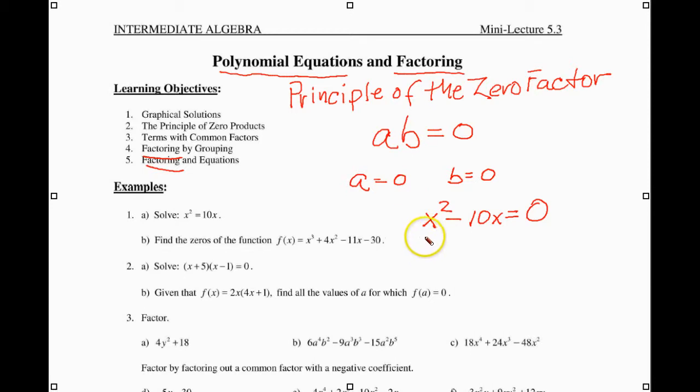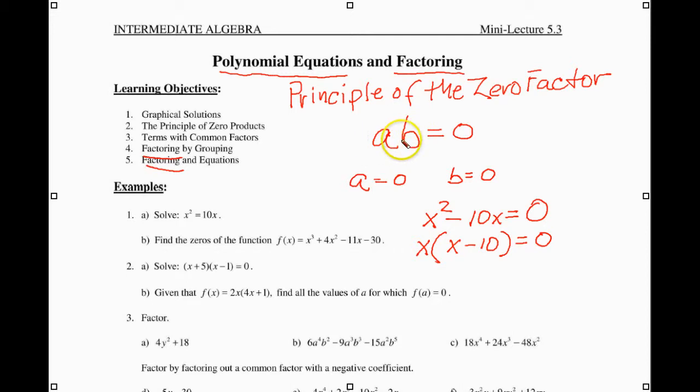Now, you might say, what do I do here? Well, I have to factor this. Is there a common factor in each one of these terms? The answer is yes, there's an x there. I can factor out an x. I'm doing the reverse of the distributive principle, and I get x minus 10. And then I equate it to 0 still.